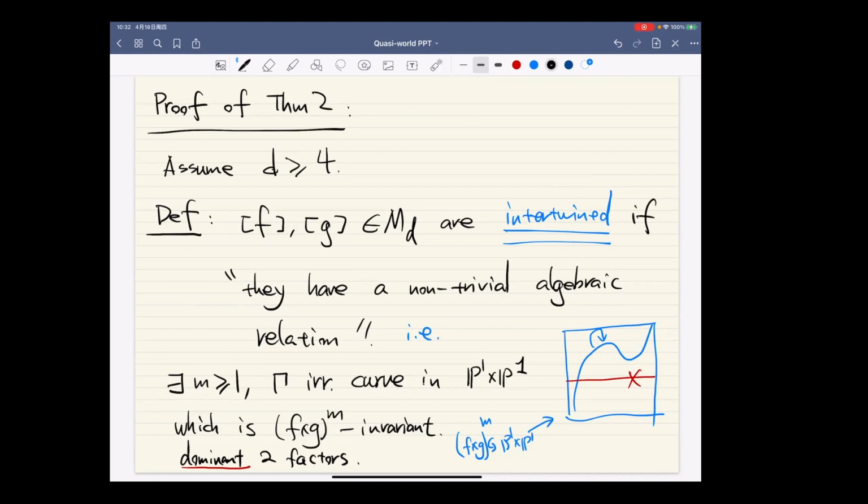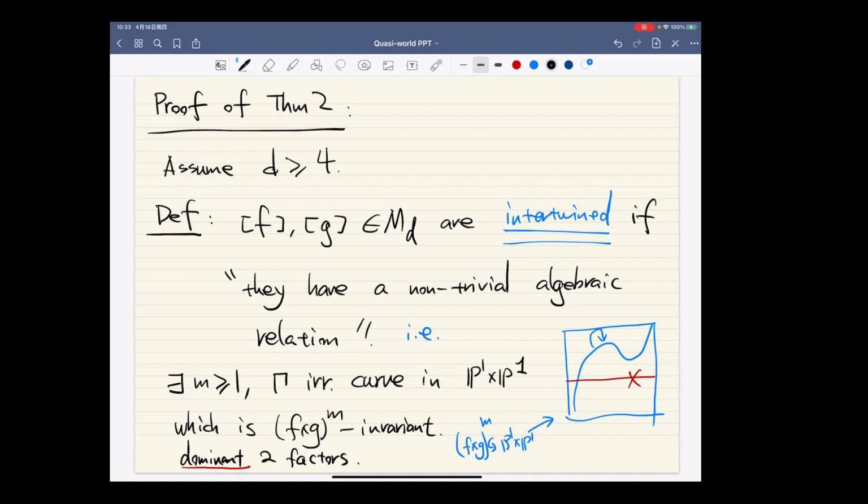Okay, so we first give a definition for two points F and G in M_D. We call them intertwined, which basically means that they have a non-trivial algebraic relation. So there is m larger or equal to 1, and gamma is an irreducible curve in the product space P1 times P1.